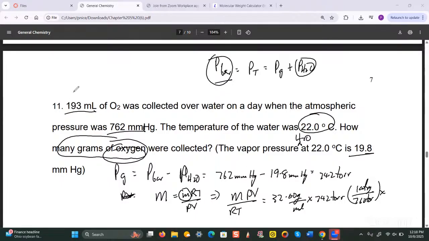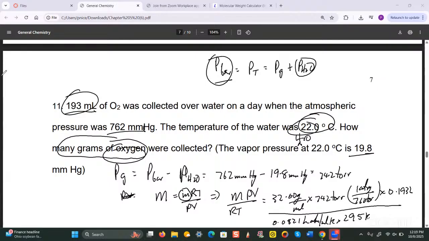What's the volume? 193 milliliters, which we have to convert to liters, so that would be 0.193 liters. And then we divide all of that by R, which is 0.0821 liters atmospheres over mole Kelvin, times the temperature. What's the temperature? 22 degrees. So 22 plus 273, that gives you 295 Kelvin.